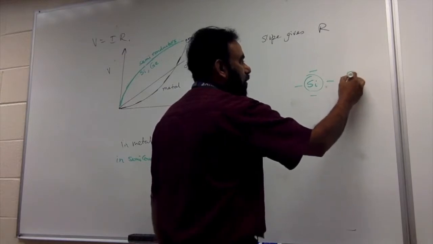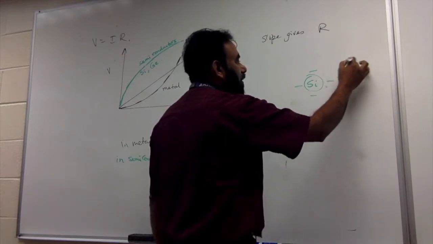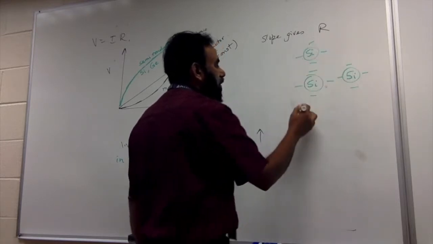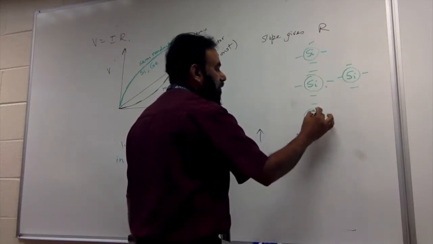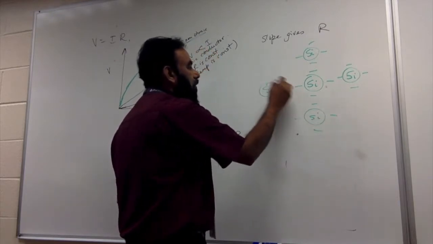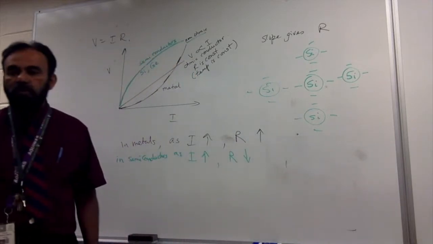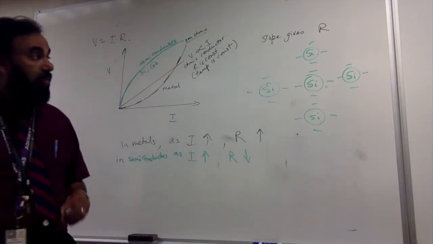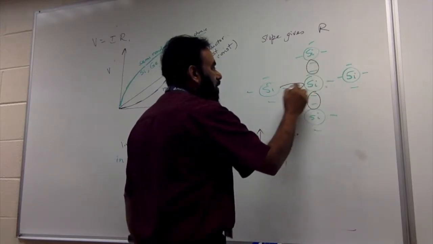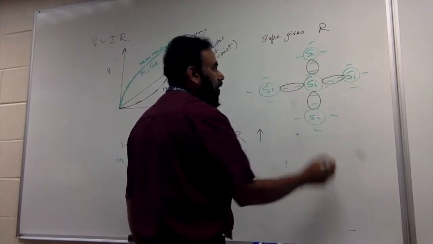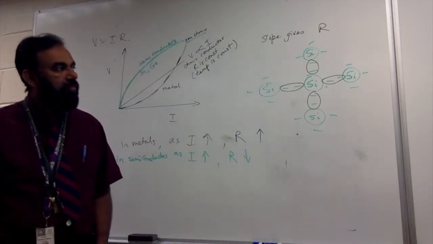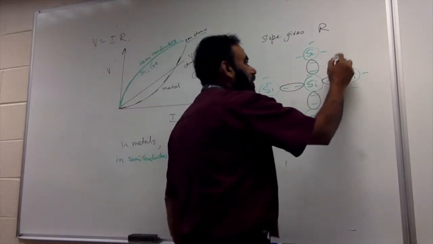In a crystal you will have a bunch of silicon atoms, and they all have 4 valence electrons. What happens is that between the silicon atoms they are all bonded by covalent bonds. So that is basically a covalent bond.